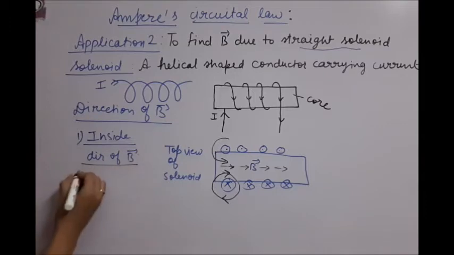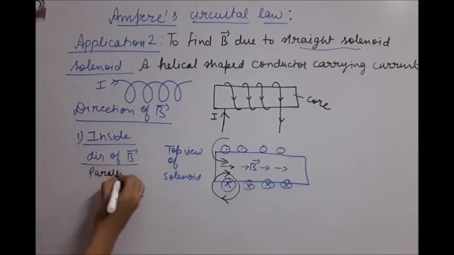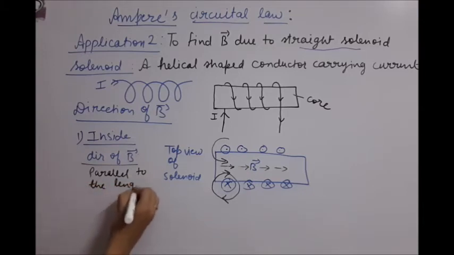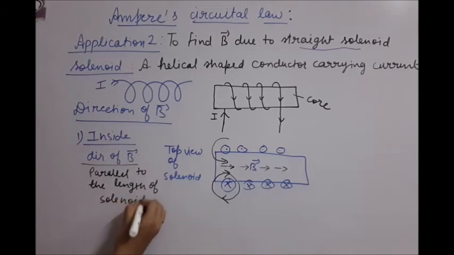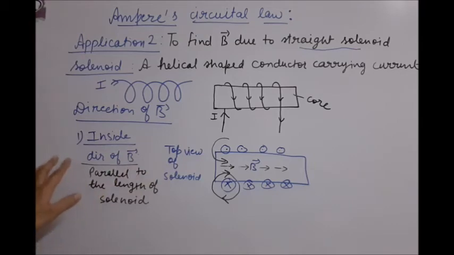That's why the magnetic field B, for the inside case, is parallel to the length of solenoid. Now let us solve for the outside case. So first of all you note down all this, then we'll move to the outside case.